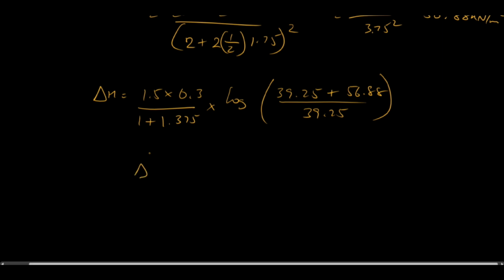By solving this equation we get delta H, the primary consolidation settlement, equal to 74.27 mm.